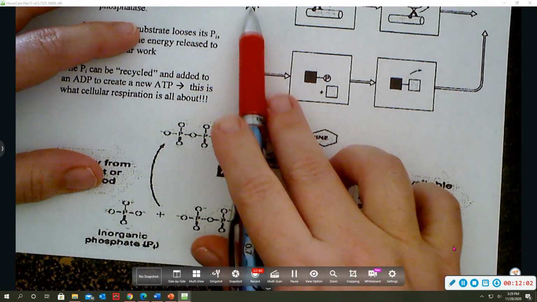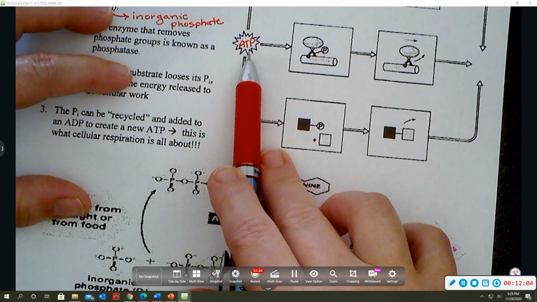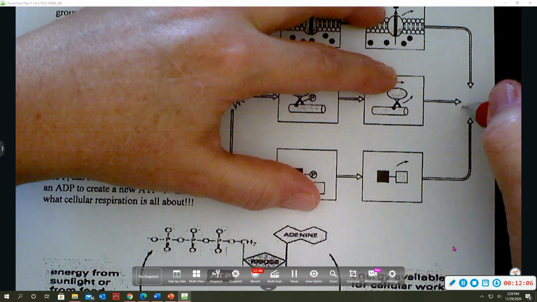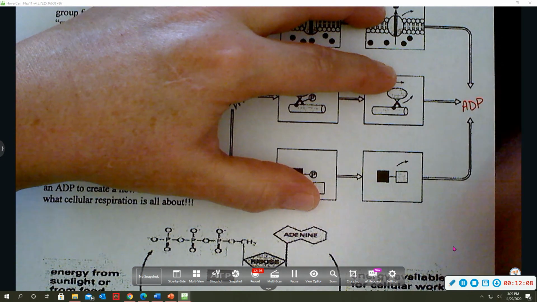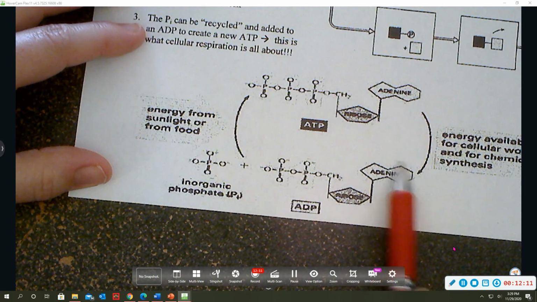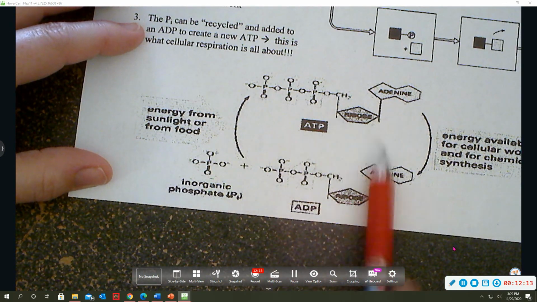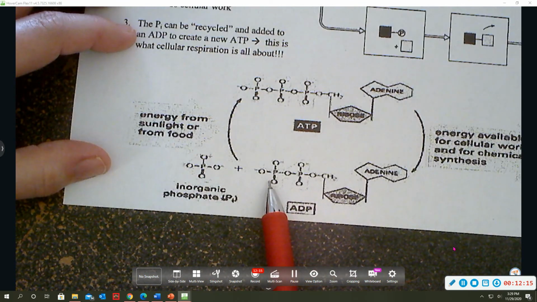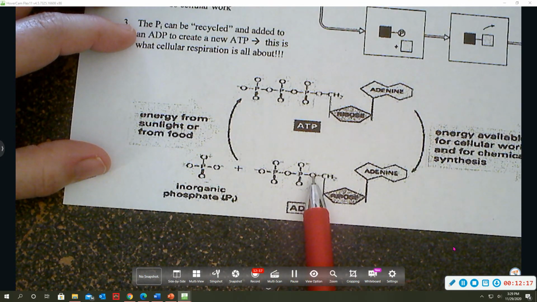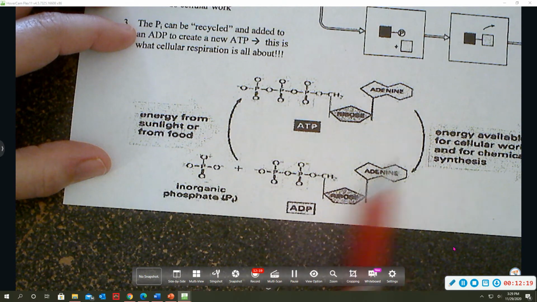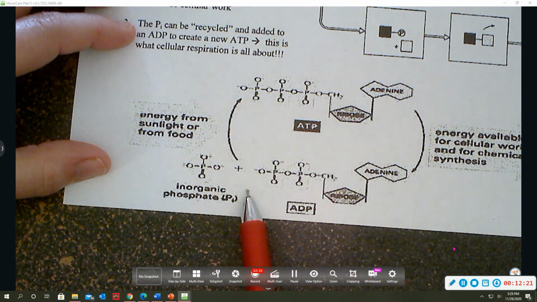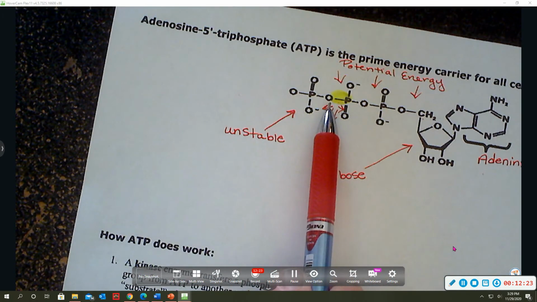So what we're left with here after we use ATP then is ADP. As we showed down here, we'll have to recycle that. Your muscle cells use about 10 million per second each. And so we continually have to make this ATP as we go, because this last phosphate is so unstable.